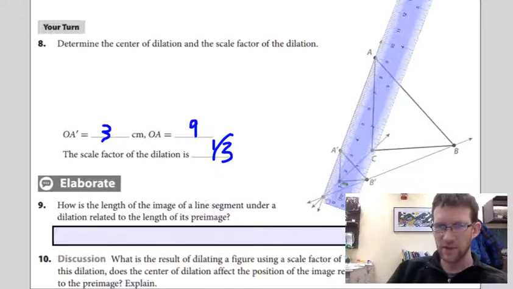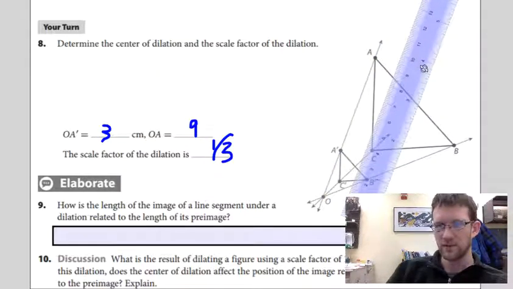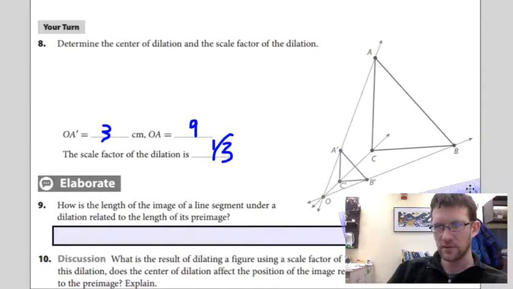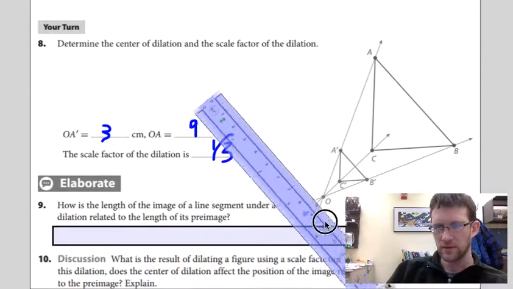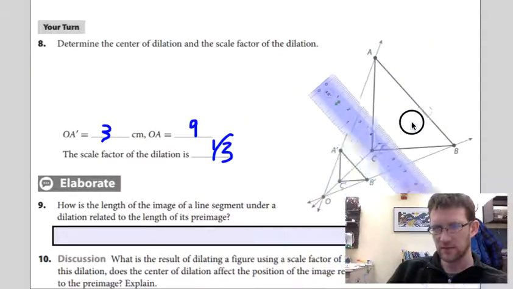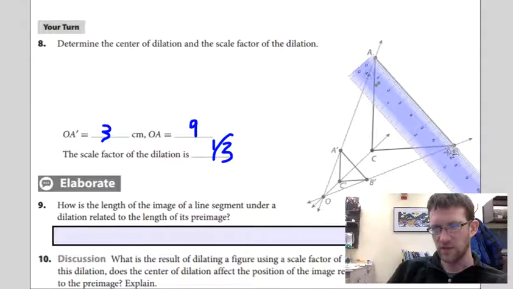How is the length of the image of a line segment under a dilation related to the length of its preimage? So let's find out. We can do a quick check. Let's find the length of AB. The length of AB is 7 units.